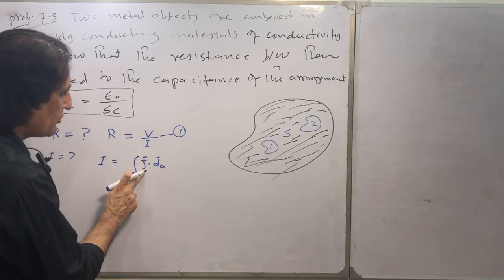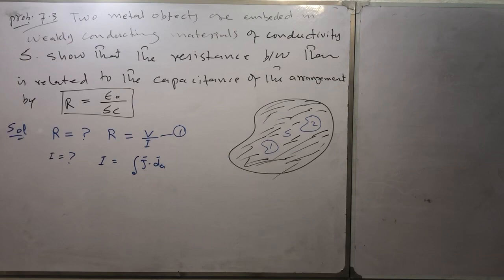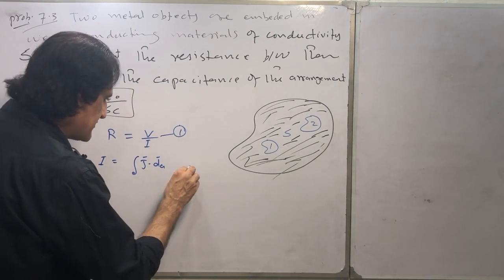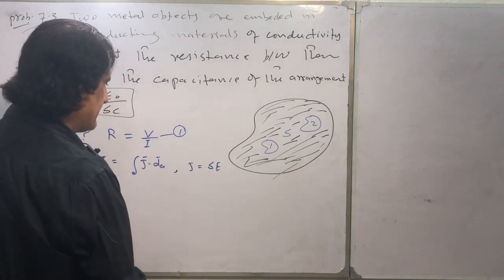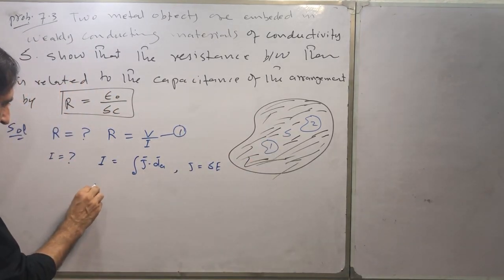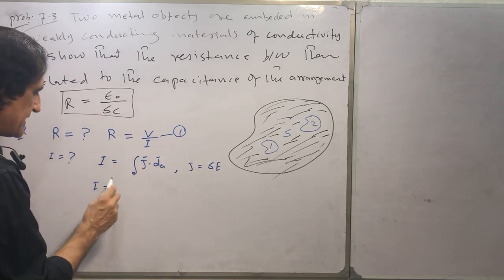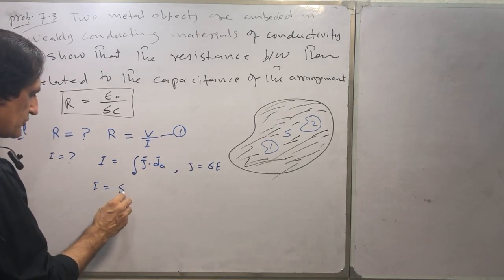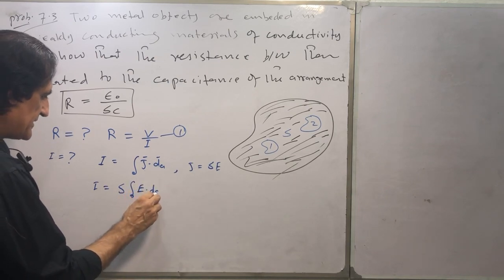And we also know about J, which from Ohm's law is equal to sigma E, because we have a sigma. Then if we put in the value, this will be equal to sigma times the integral of E dot dA.